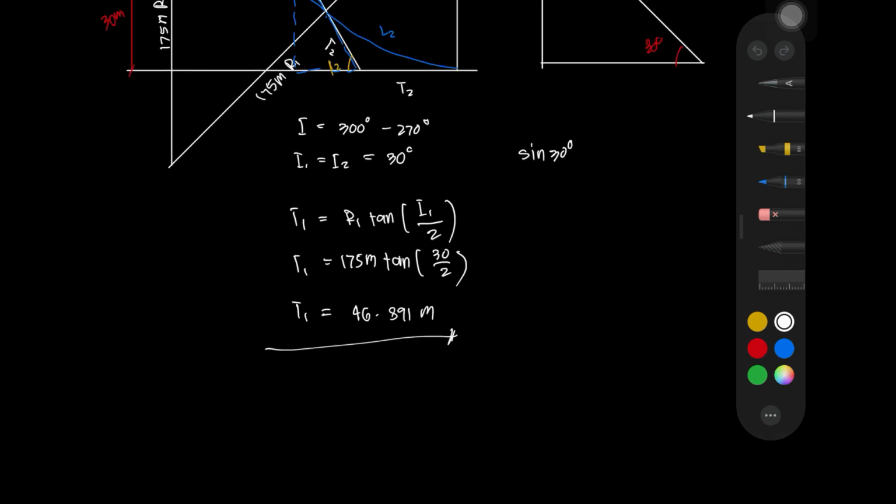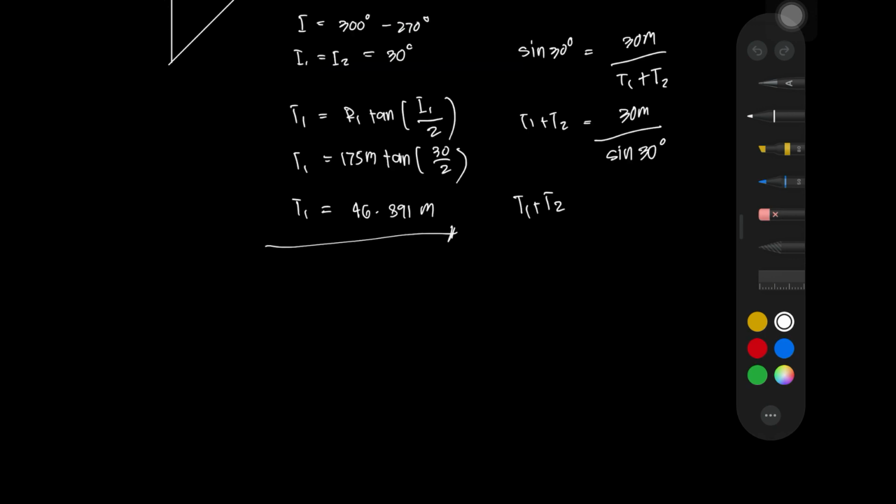So sine 30 degrees is equal to 30 meters over T1 plus T2. By manipulating the formula, T1 plus T2 is equal to 30 meters over sine 30 degrees.